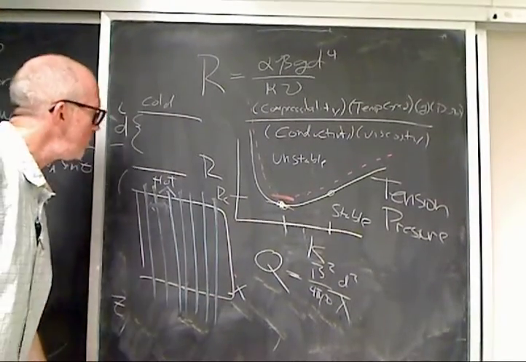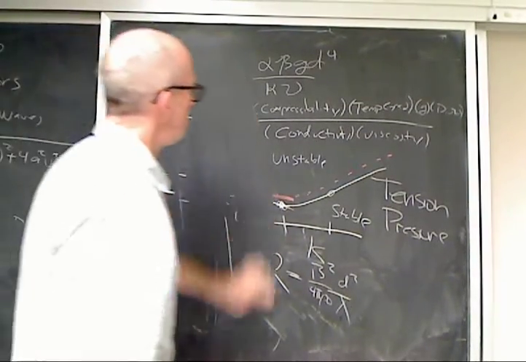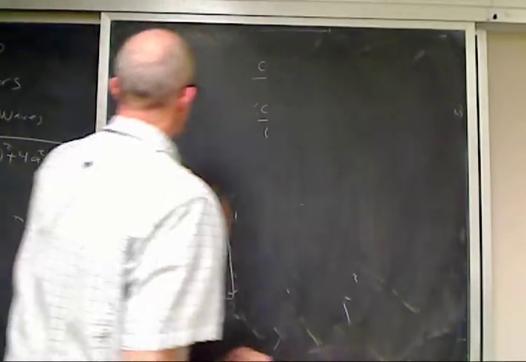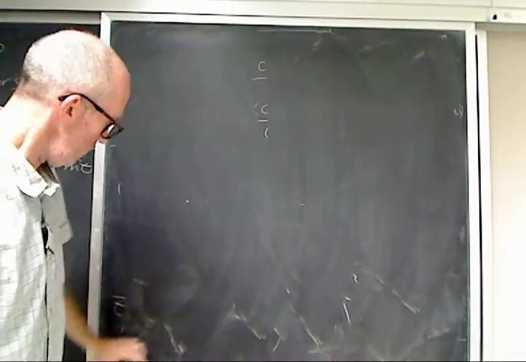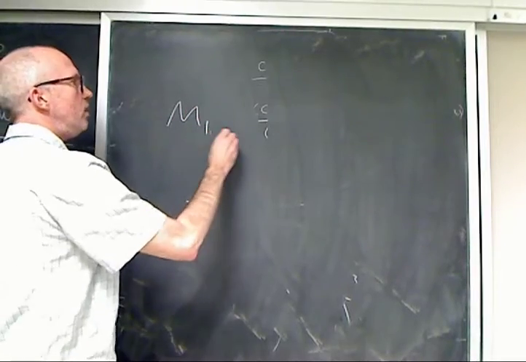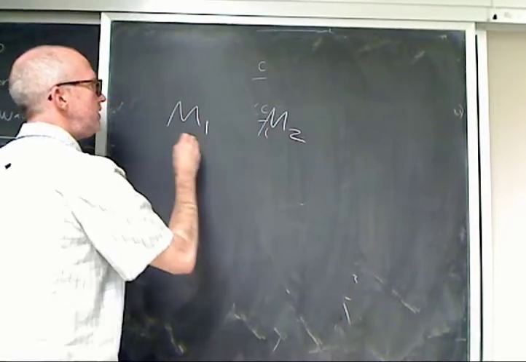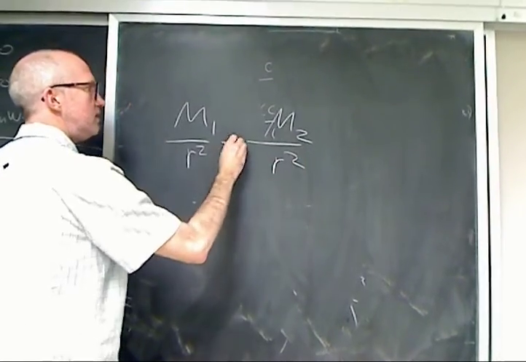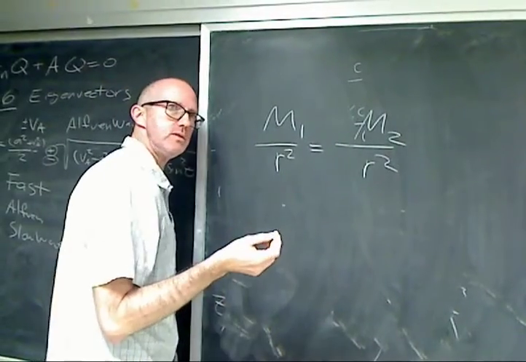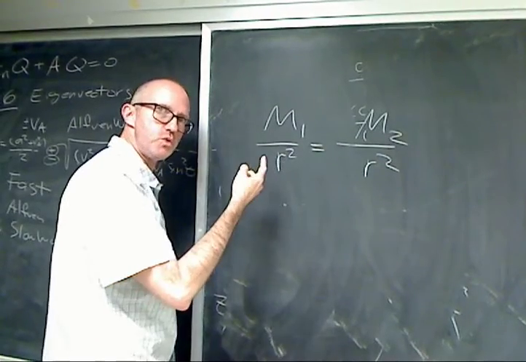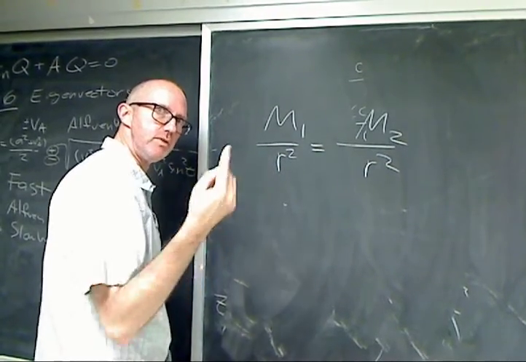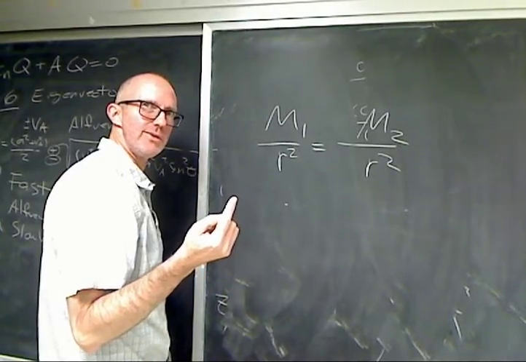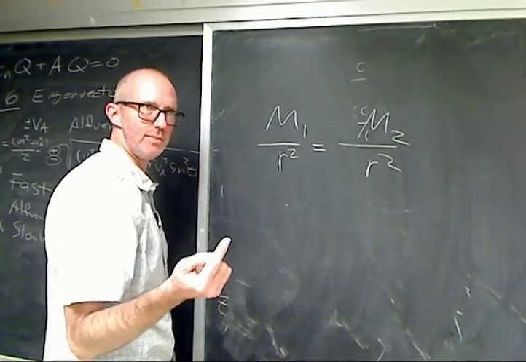So when I have two gravitational bodies, the gravitational force falls like 1 over r squared. So if I've got one with m1 and another with m2, then at some r, these two are equal. This is super overly simplistic because it's actually a rotating system, so you have to take into account the Coriolis force too, but that's not a big deal.